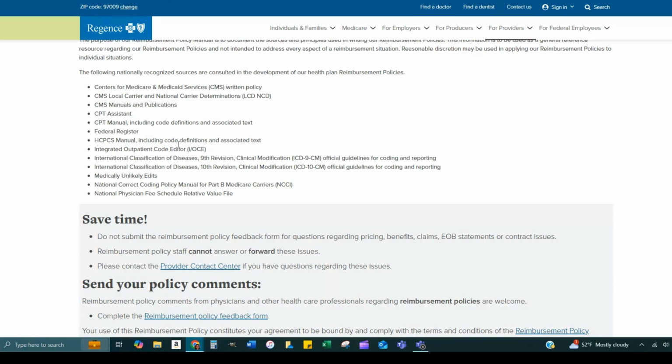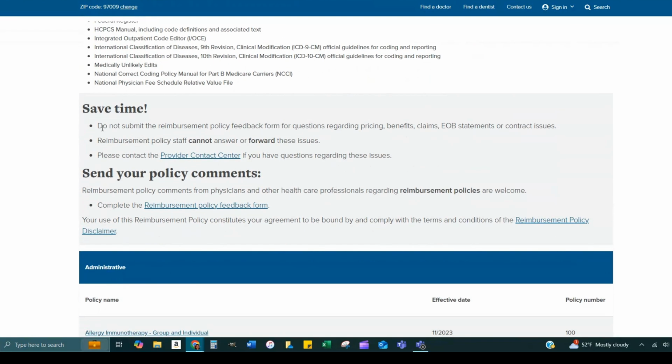So you can see all of the different organizations that they consider, and then, save time. Do not submit the reimbursement policy feedback form for questions regarding pricing, benefits, claims, EOB statements, or contract issues. Obviously, right? Totally makes sense. Reimbursement policy staff cannot answer or forward these issues.